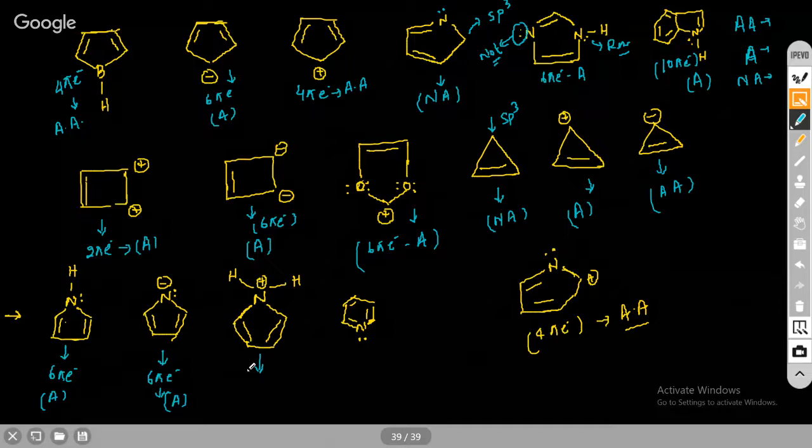Third one, you tell me. Is it anti-aromatic? Yes or no? Okay. So this one is non-aromatic. This is how you are making mistakes. You make mistakes in the exams. This nitrogen is sp3 hybridized. So sp3 hybridized won't take part in resonance, non-aromatic.